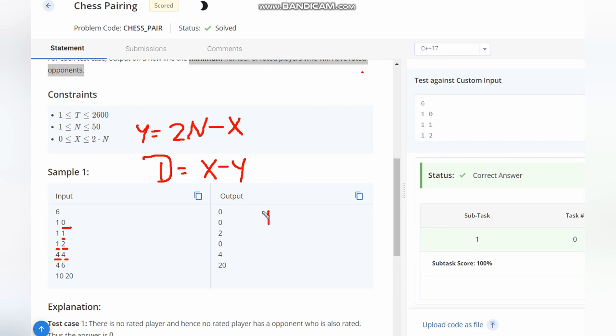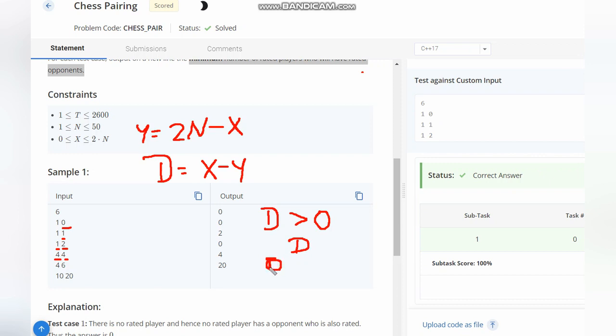So if our d is greater than 0, then we just return d, or else we will return 0.